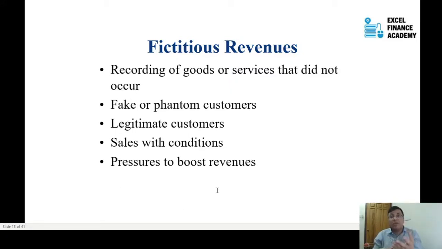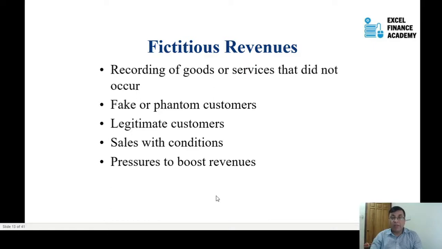You have raised the invoice, but you have not delivered the goods, or you have not sent the invoice to your customer, but you have recognized the sale in your books, and thus the accounts receivable has increased. Now, how will you know that, right? So now we have understood these are different ways of booking fictitious revenue.